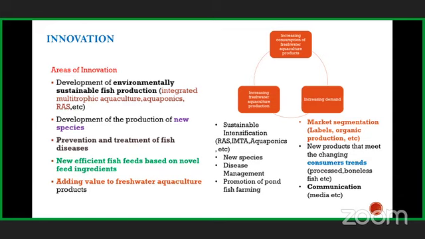I mean to say that there are areas like environmentally sustainable fish production technologies, where we talk of IMTA, aquaponics, recirculatory aquaculture systems, and producing new species. Then for species diversification, today we talk of prevention and treatment of various fish diseases.